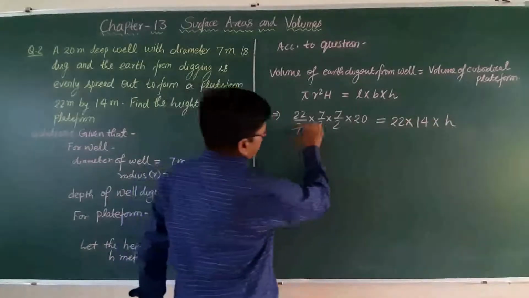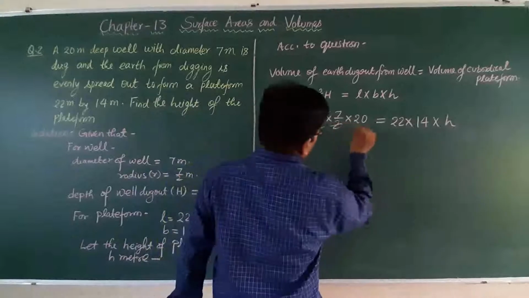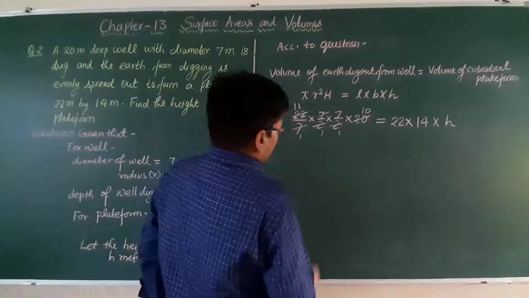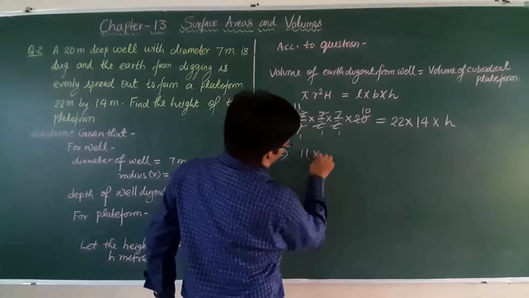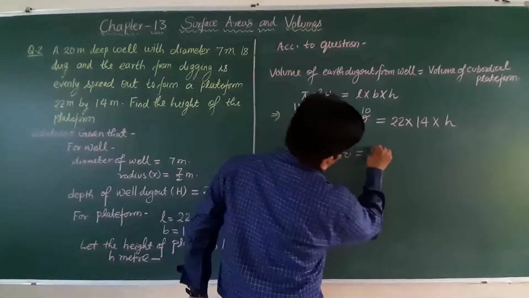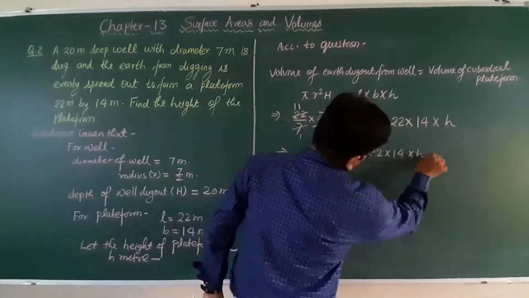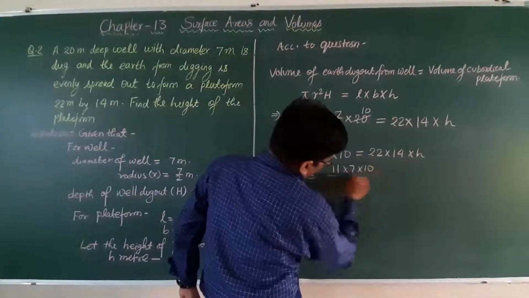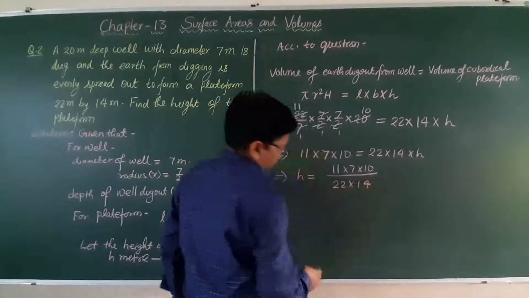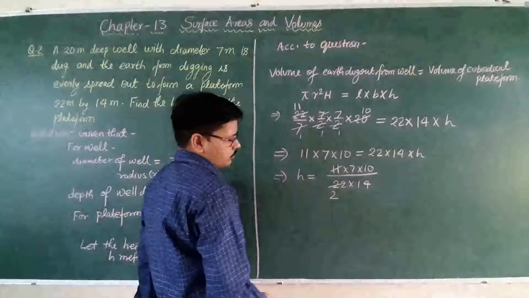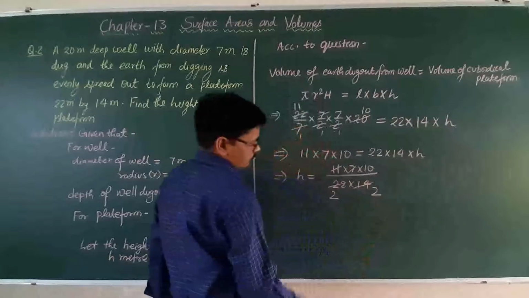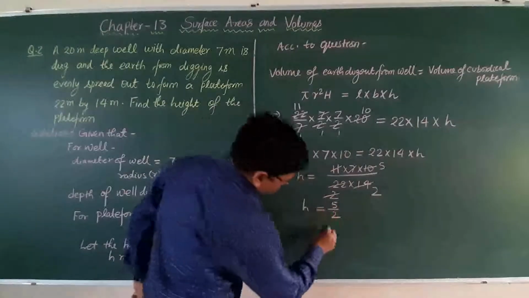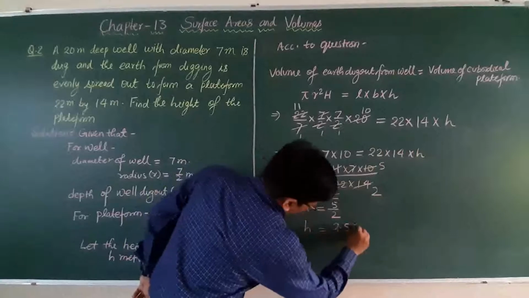Here 7 cancels out, 2 cancels to give 10, and 2 cancels to give 11. So 11 into 7 into 10 is equal to 22 into 14 into h, which implies h is equal to 11 into 7 into 10 divided by 22 into 14. Cancelling, 11 and 22 give 2, 7 and 14 give 2, and cancelling 2 gives 5 by 2. So h is equal to 2.5 meter.